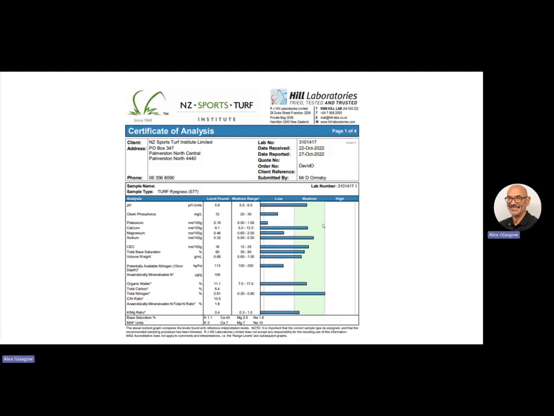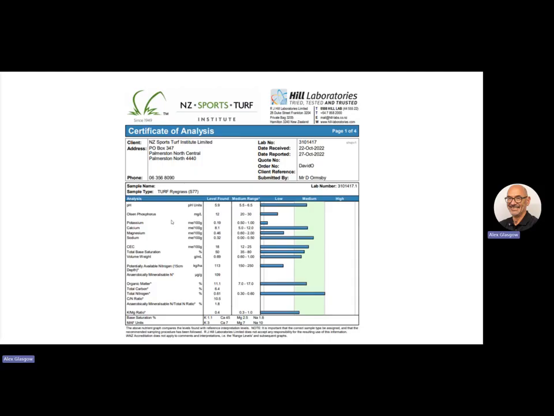So if you want these interpretation graphs to be meaningful, it's important to put that in there, the ryegrass or whatever it is that you're growing. It doesn't change the actual results. The way they extract and determine is exactly the same no matter what, but it's all about this interpretation graph here. Okay, so that's important, that sample type.